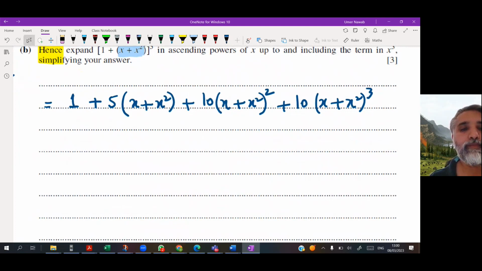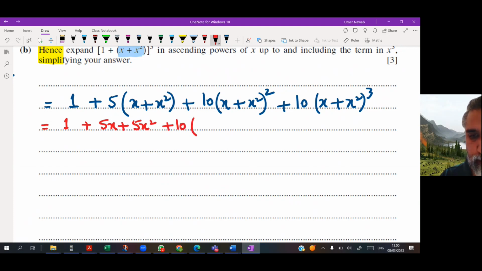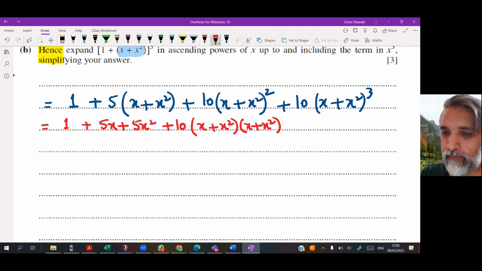Now we need to expand them. This is very easy. I can do the binomial expansion here.